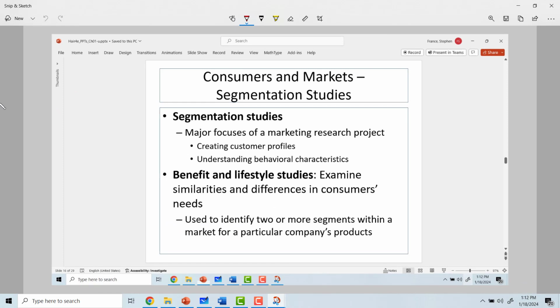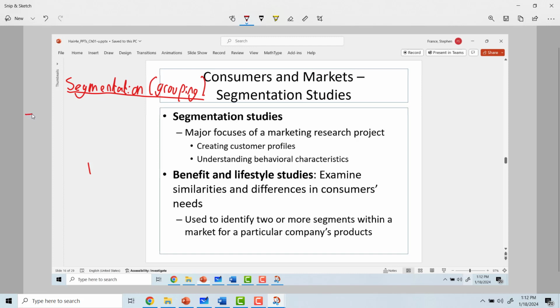And just think, segmentation is really just what I would call grouping. And let's think about our groups of people who are interested in video games.